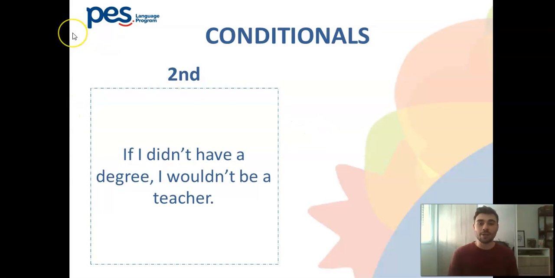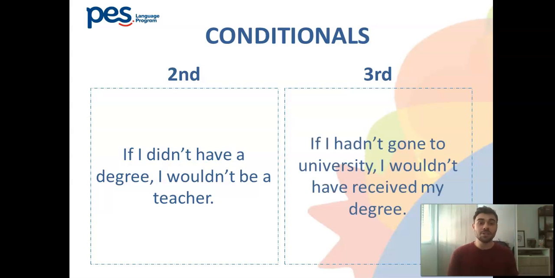Okay, now it's working. So we have here one example of a second conditional. If I didn't have a degree, I wouldn't be a teacher. And one example of a third conditional. If I hadn't gone to university, I wouldn't have received my degree, right?